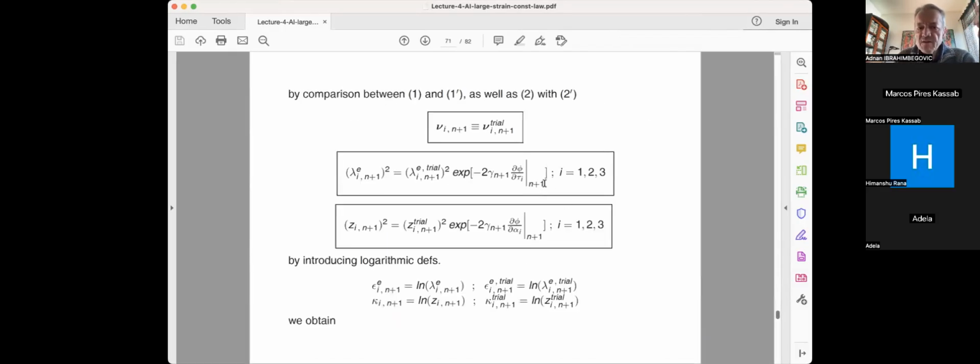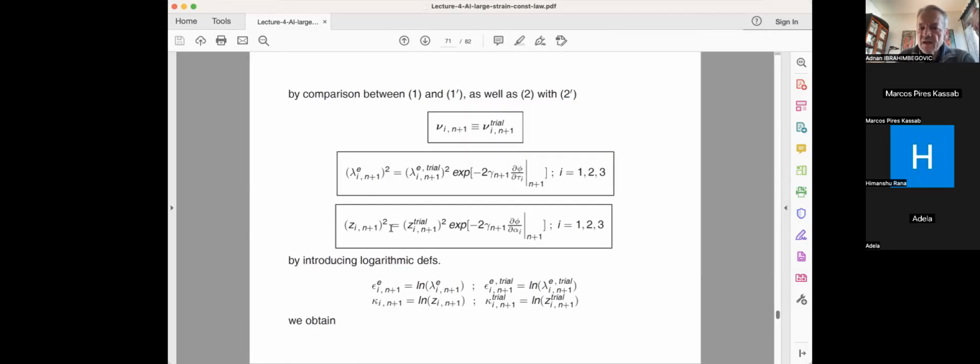These are principal values. So B^E is represented with lambda elastic I squared, and then B^E trial is represented with lambda elastic I trial value multiplied by exponential of minus 2 gamma n plus 1 d phi d tau.